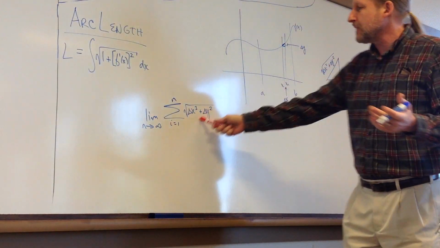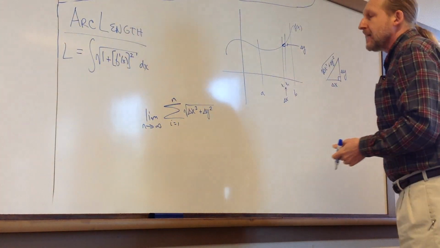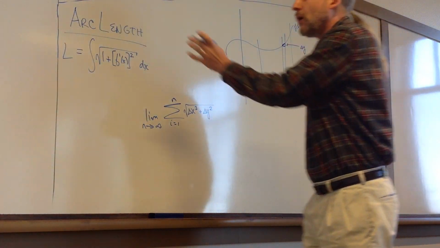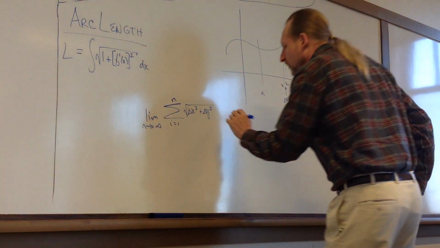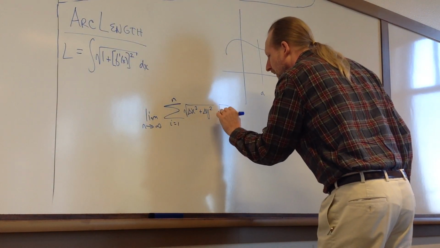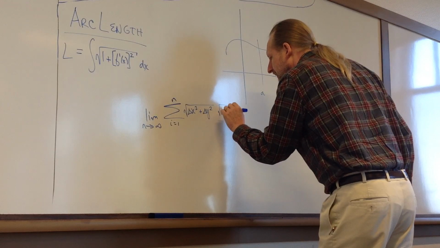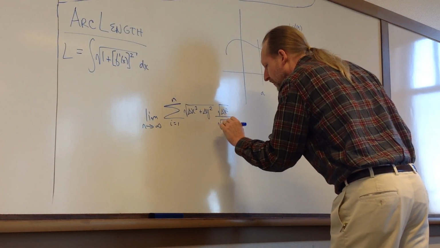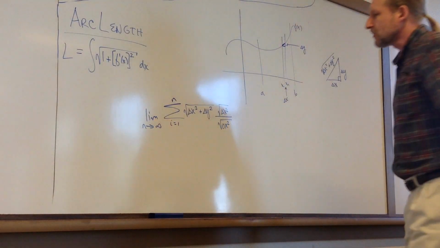Now to make this nice, to make it involve the function, we multiply this by delta x, the square root of delta x squared over the square root of delta x squared.